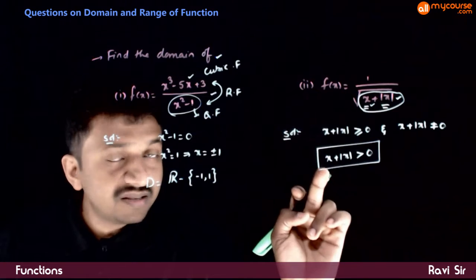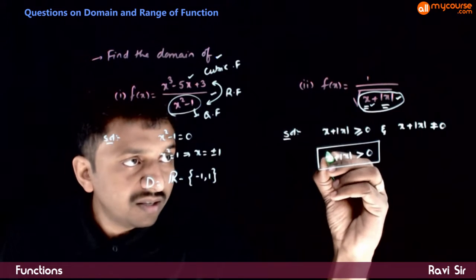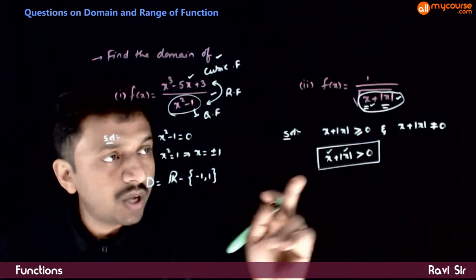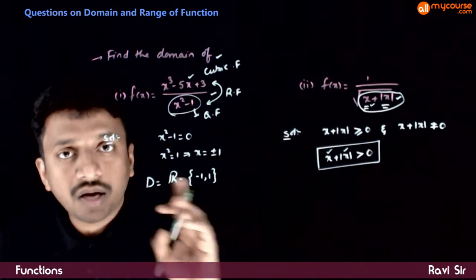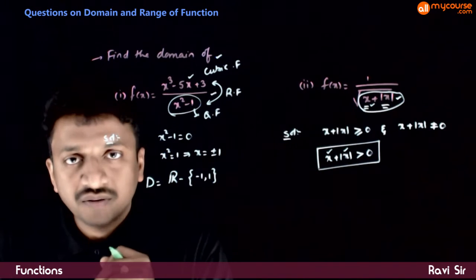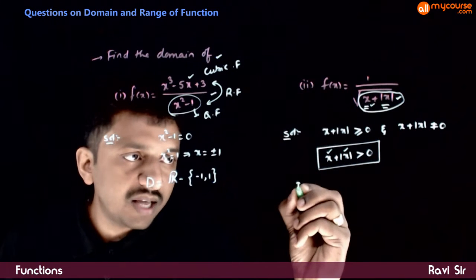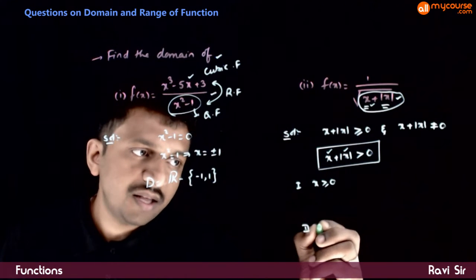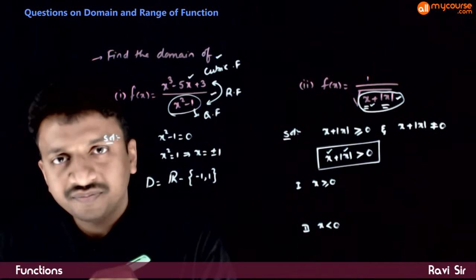Now, this is an inequation involving a linear function and a mod function. So whenever you have an equation or inequation having a mod function, we first have to simplify this mod. So you have two cases. Case 1, x is greater than or equal to 0. Case 2, x is less than 0.